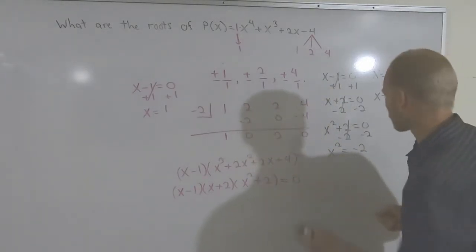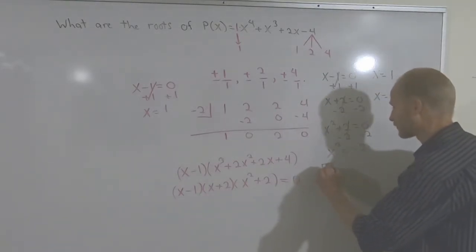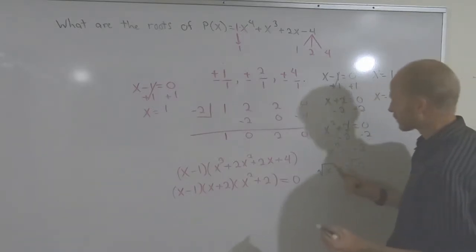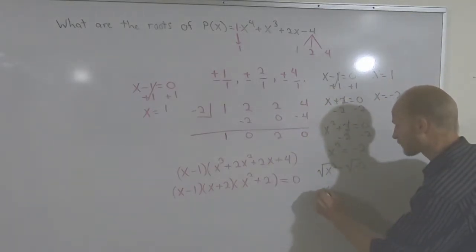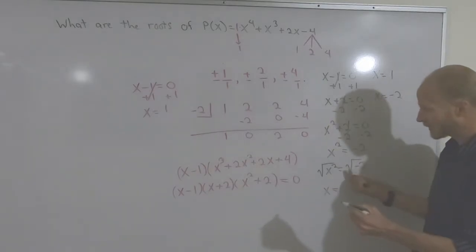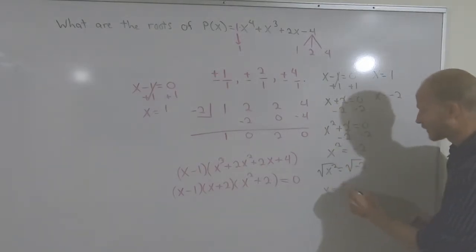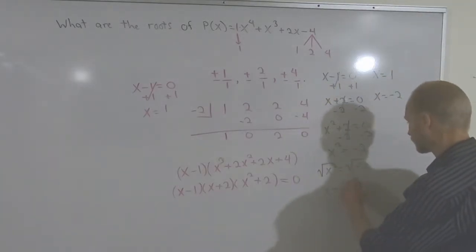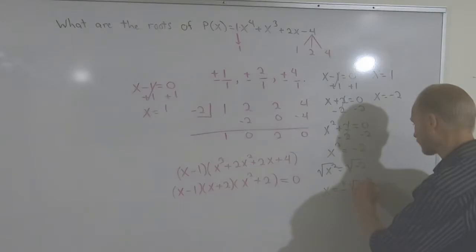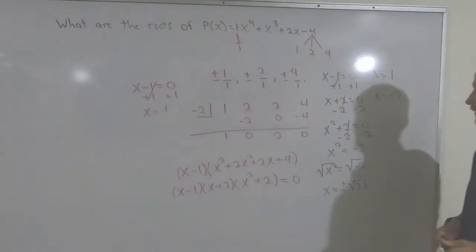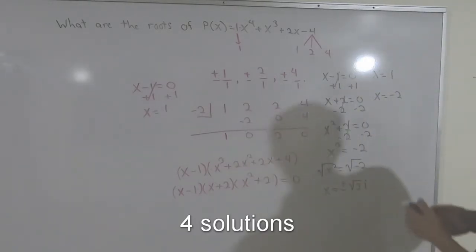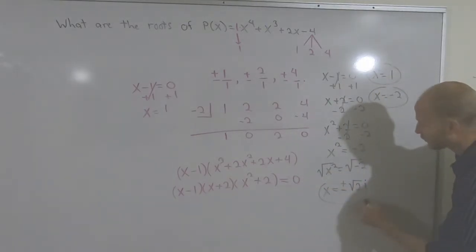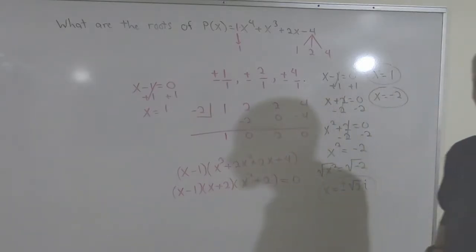Square roots will unsquare x squared, so why don't we square root both sides? All right, the square root of x squared is simply x. Now remember your plus and minus sign whenever you take the square root of something. So this becomes plus or minus the square root of 2i. Okay, so here we have it. 3 solutions. X equals 1, x equals negative 2, and x equals positive and negative root 2i.